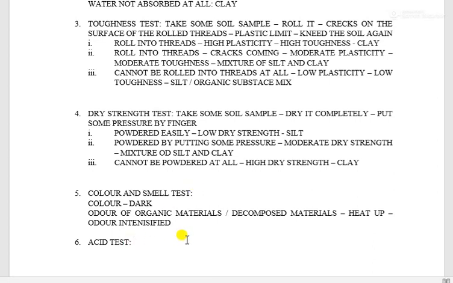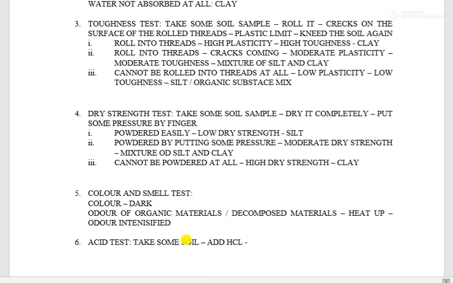Now, coming to the acid test. The acid test is the test to identify if there is some calcium material in the soil sample. For this test, you have to take some soil and add some concentrated hydrochloric acid into the soil sample.